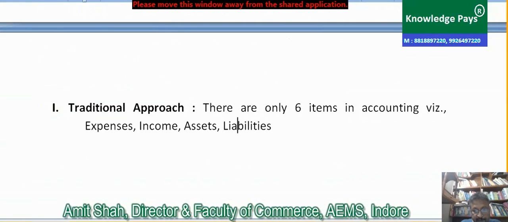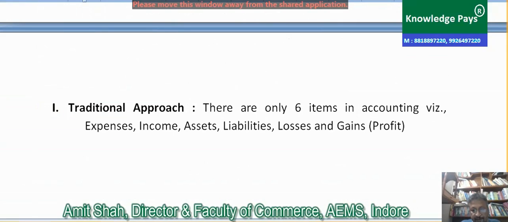These four I have explained to you in detail. And apart from these, we have two more, losses and gains. Gains means profit. Though there is a little difference between profit and gain, it is almost the same thing.